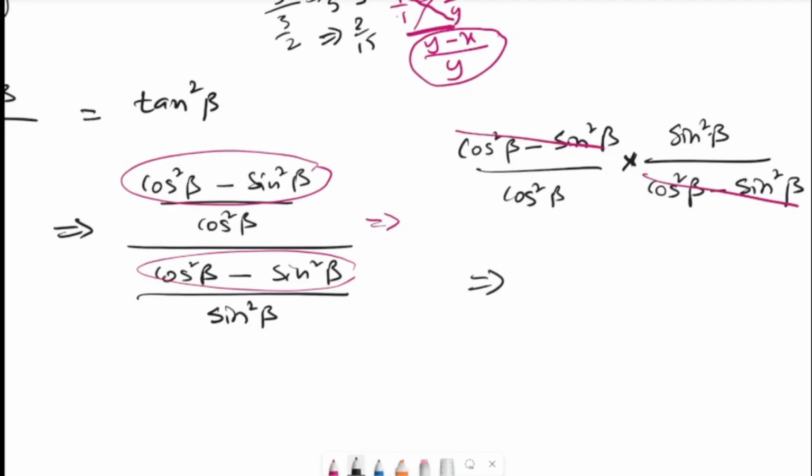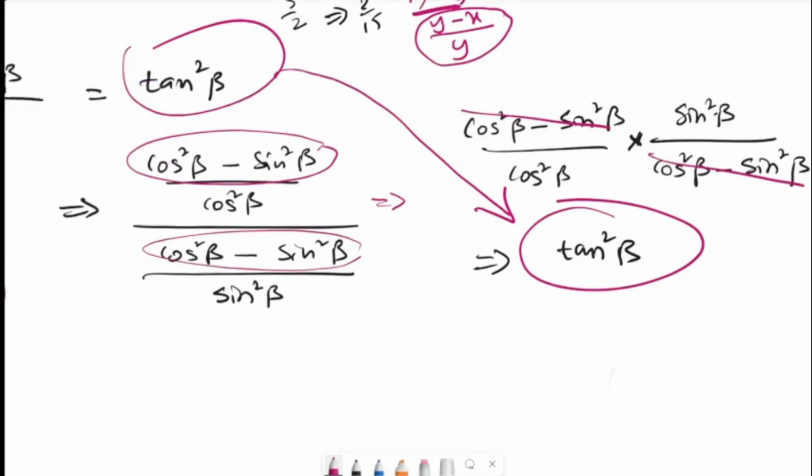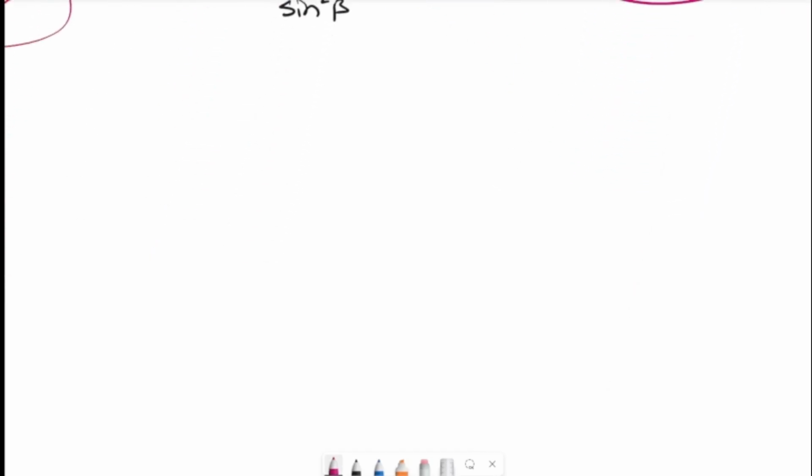Sin square beta by cos square beta is, sin over cos is tan square beta. He's telling you to prove that this is tan square beta, this is tan square beta. So we proved it. Got it? Okay, let's do one more problem, right?